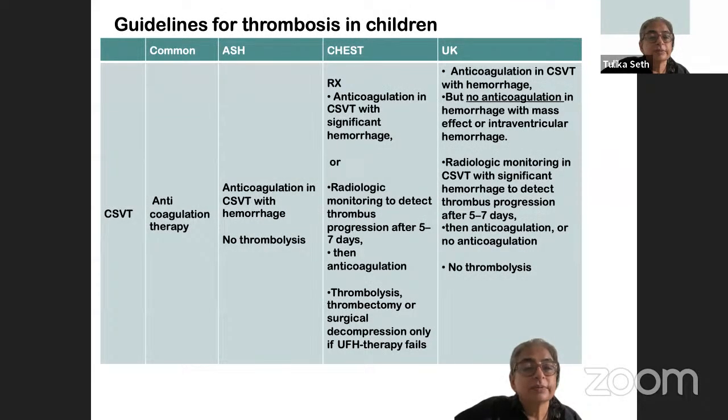What about CSVT? Again, anticoagulation is common in all. In the ASH guidelines, it says anticoagulation should be given if you have a CSVT with hemorrhage. In the CHEST guidelines, it says anticoagulation only if there's significant hemorrhage or if the radiological monitoring to detect thrombus shows a progression after 5 to 7 days, then you do anticoagulation.